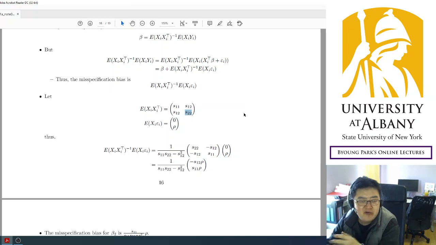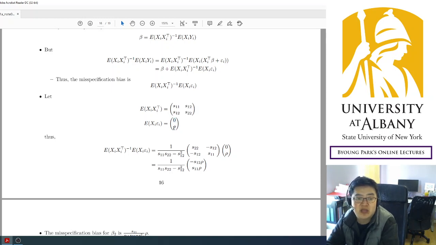If you interpret x1 and x2 as demeaned variables, then you may interpret them as variances, and S12 is the covariance between x1 and x2. So S11, S12, S22 have natural, straightforward interpretations, and x times epsilon, the covariance between x and epsilon, can be written in this way: element-wise covariances.